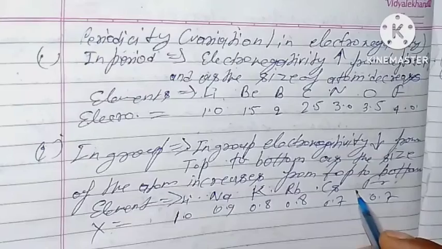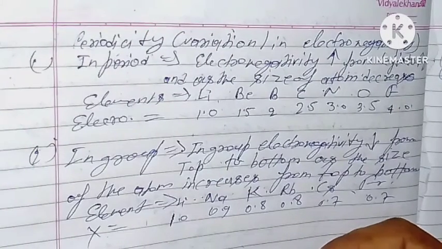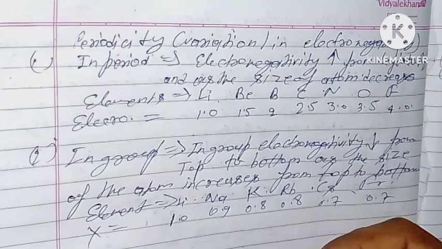Hence, small atoms attract electrons more strongly than large ones, so they are more electronegative.